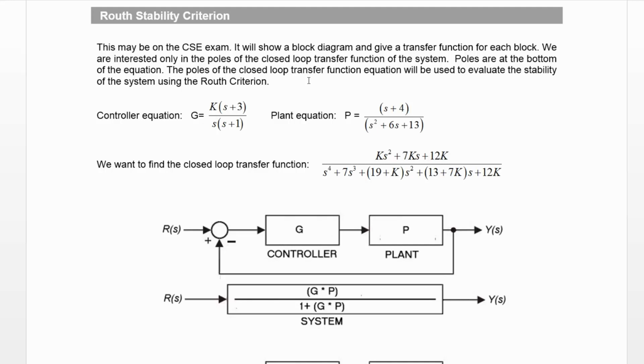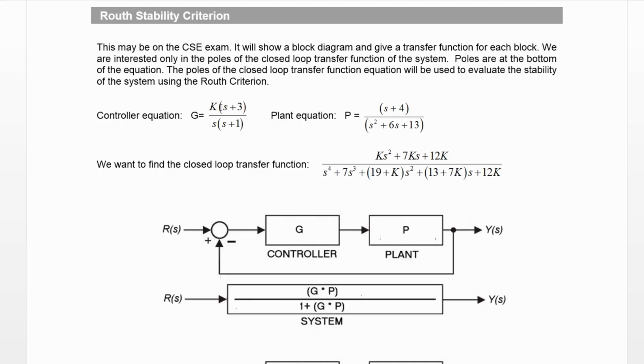But basically what they're going to do here is show you a model of a closed loop function. It has a forward path, or an open loop path, of G times P, the gain of the controller and the gain of the plant.